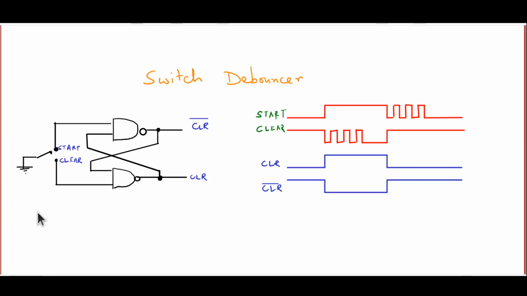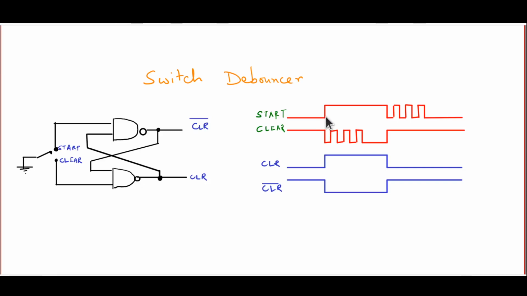Now what will happen if we were to throw the switch from start to clear? Notice that is exactly what is being shown here. Initially start is low, clear is high. And this is of course a time diagram, time is flowing to the right. And at this point in time, the key is thrown.